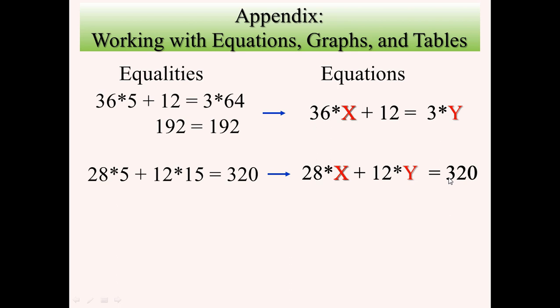In this case it may be a little harder to tell which one is IV and which is DV, but based on what we studied in high school, the rule always followed is that Y is DV, X is IV. So these are equalities, and these are equations with two variables.